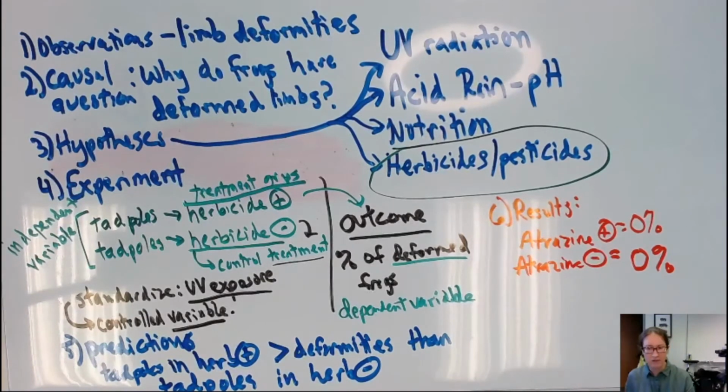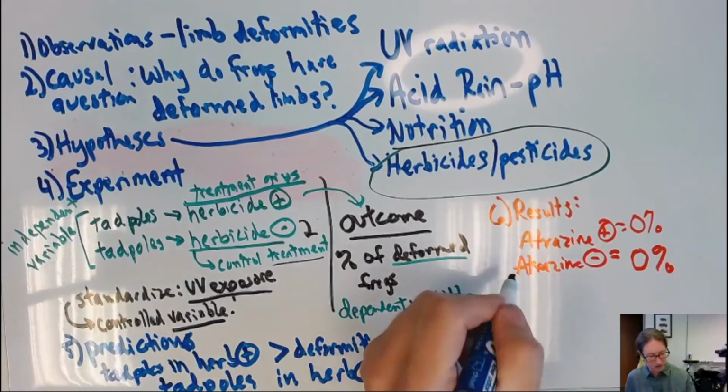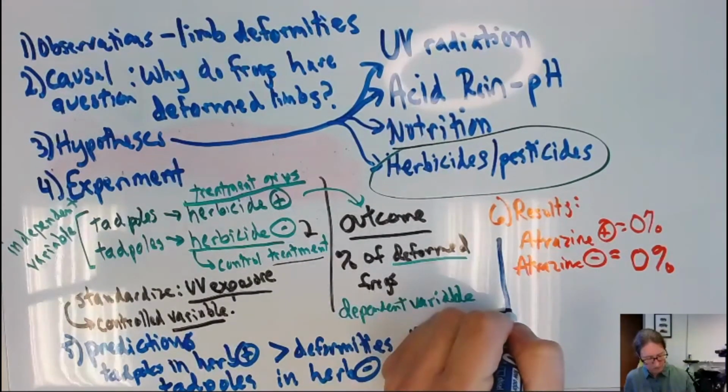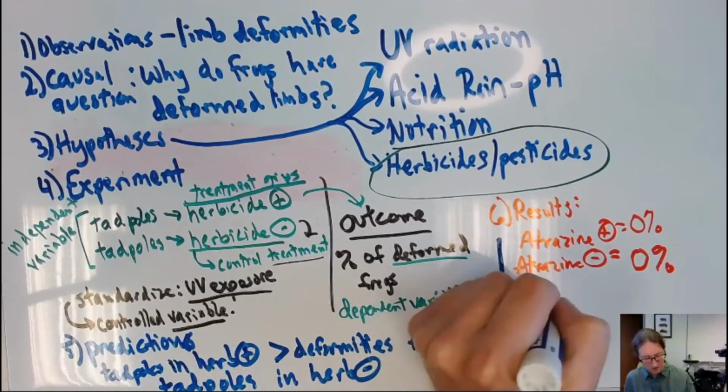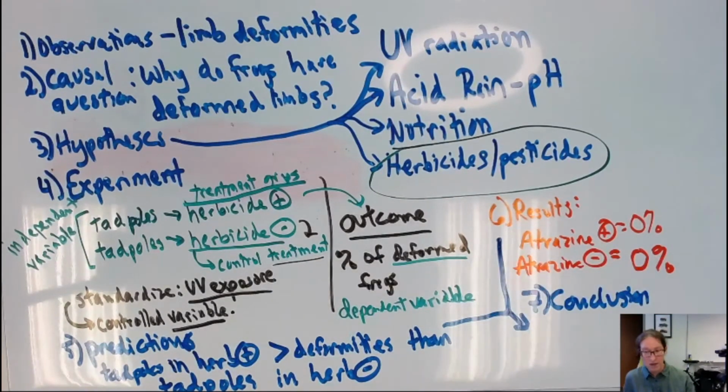So we have one more step to go here, and that step is to now directly compare our result to our prediction and reach a conclusion. Okay, so in this case, our result here does not match with our prediction that we just generated, right?